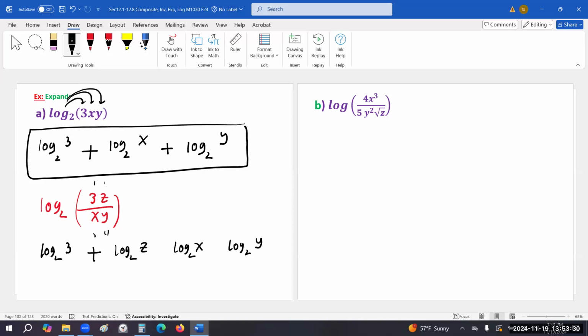But for every one on the bottom, we have a negative. So for x, it's a negative. For y, it's a negative. Everything on the bottom gets a negative sign because we are dividing by those.